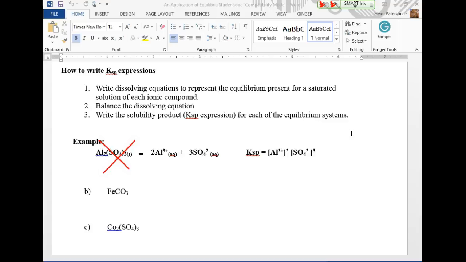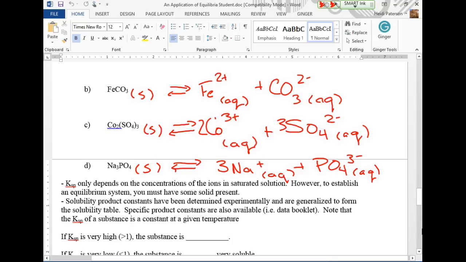Please do B and C, iron carbonate and cobalt-3 sulfite. Iron 2 carbonate, if it dissolves, will break apart into Fe2 positive and CO3 negative. If there's more than one of that ion in a compound formula, you need to indicate that in the dissociation.